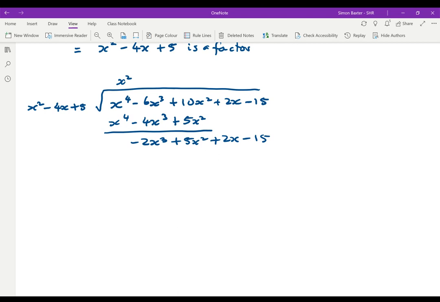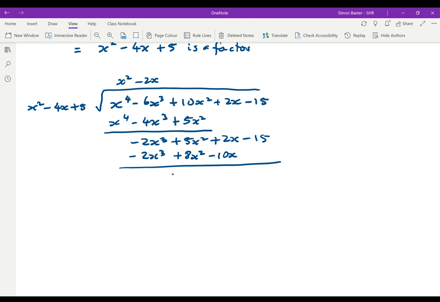Now we need minus 2x to give us minus 2x cubed. Minus 2x times minus 4x is plus 8x squared. Minus 2x times 5 is minus 10x. Subtract. The 2x cubes disappear.